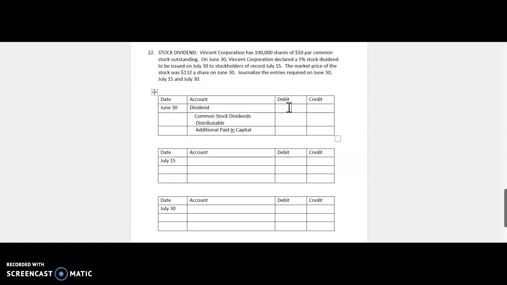So for dividends, you take your 5,000 shares times your market value of $132. And that's going to get you to $660,000. But you can only credit it for the par value, which is the 5,000 times the $50 par, so that's $250,000. So the rest would go into additional paid-in capital, the difference.